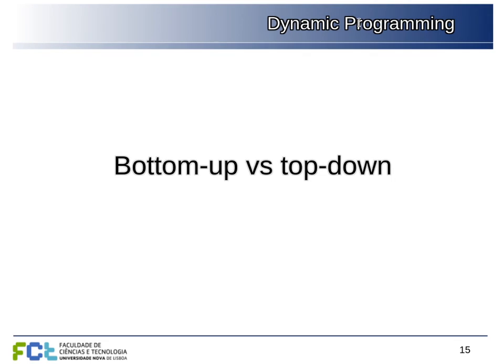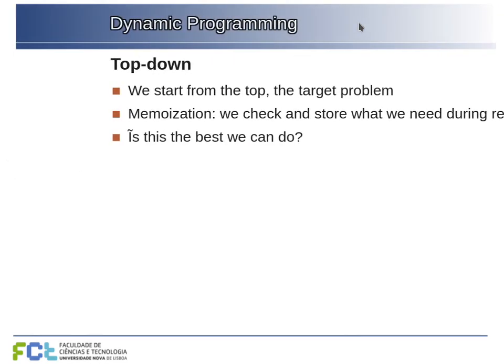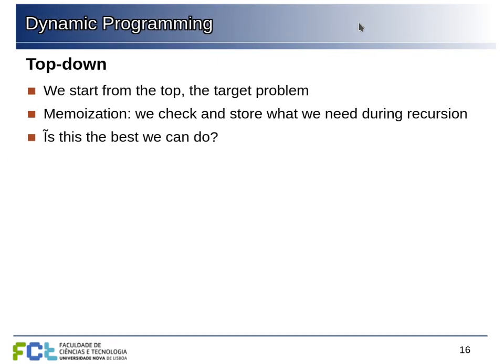Okay, so now there is another approach that we can follow here. So far we've been looking at things from the top down. That is, we start from the largest problem, for example, computing the Fibonacci of 6, or trying to figure out the number of coins we need for the whole change that we have to make. And then we go down into sub-problems.